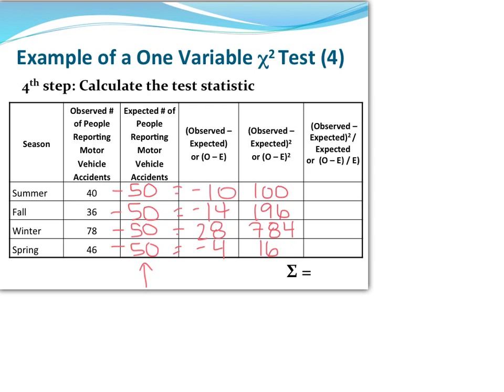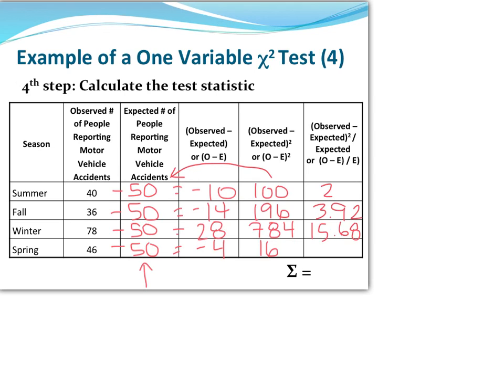We will then divide each of these values by their respective expected frequencies. 100 divided by its expected frequency of 50 will get us 2. 196 divided by its expected frequency of 50 will get us 3.92. 784 divided by its expected frequency of 50 will get us 15.68.